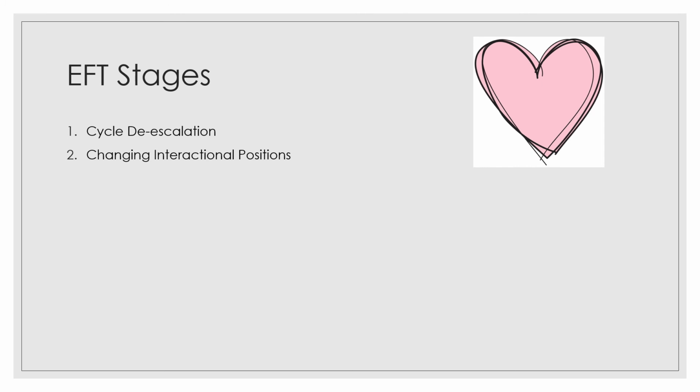Then we change those interactional patterns. So we bring in more positive ways of communicating and responding to each other. And we consolidate and integrate. This is where our couples take what they've learned in our therapy sessions and integrate that into their day-to-day lives and practice. And then they come back and report to us how things are going.